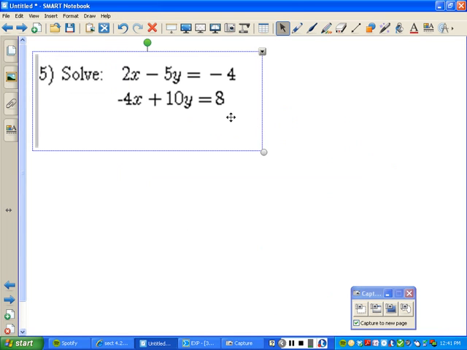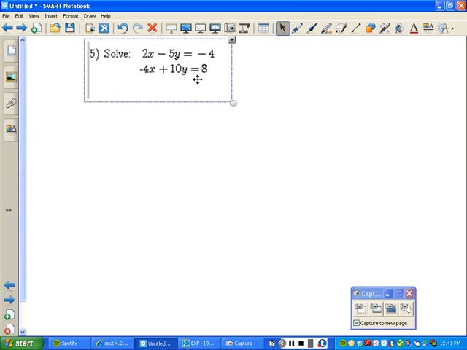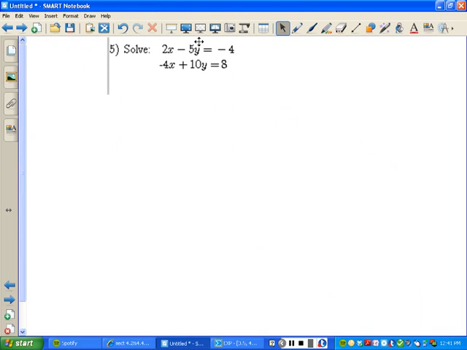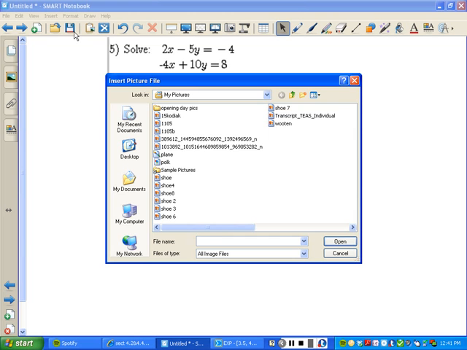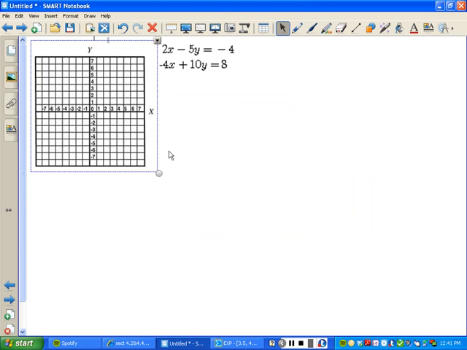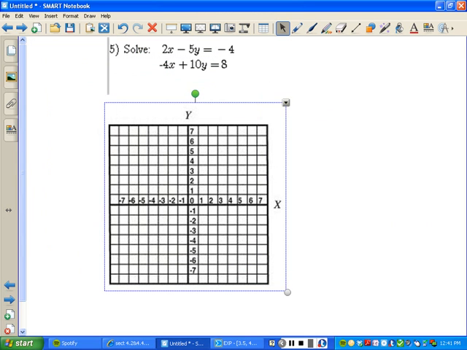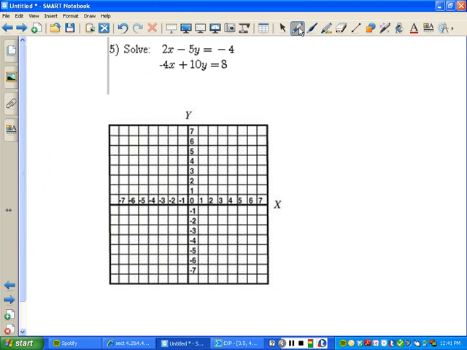If I were to graph this, the x-intercept is -2 for this one. Let's look at this one first. The x-intercept is -2. 2x minus 5 times 0 equals -4. X is equal to -2. I hope everybody sees that.